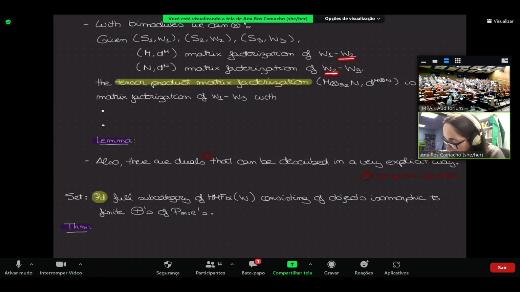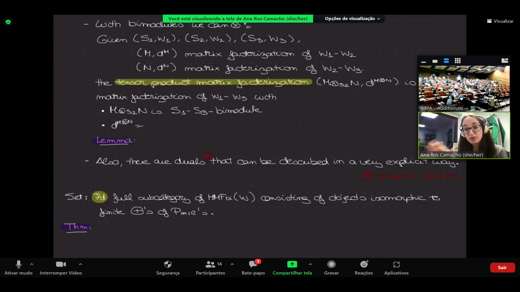So the W2 potential gets canceled. And this is an S1, S3 bimodule. The twisted differential in this case can be constructed in terms of the twisted differentials of the matrix factorizations involved, and you construct it like this.